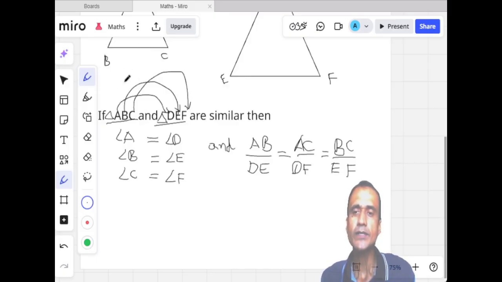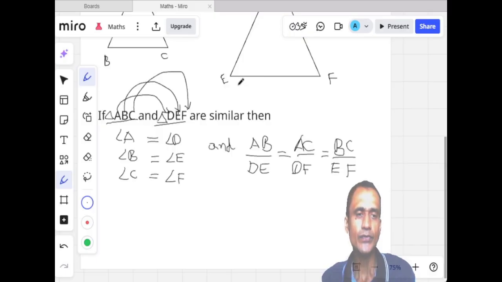So when we studied congruence of triangles, it was not required that each and every angle be equal to the angle of the other triangle, and each side also be equal to the side of the other triangle.